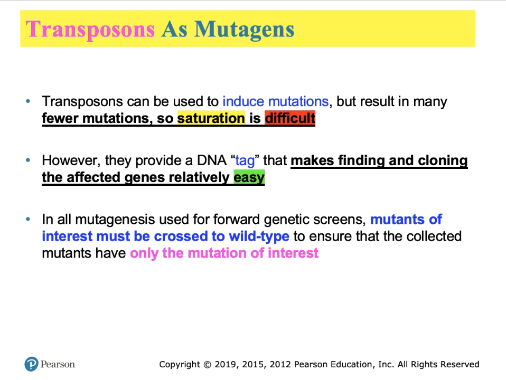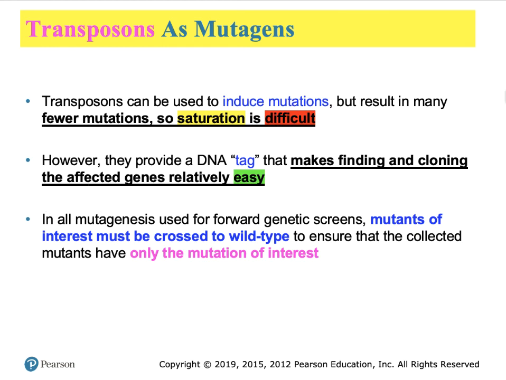As we'll see later in the chapter, transposons can be used to induce mutations, but because of their locations, they will generally result in fewer mutations. So saturation of mutations in the genome is difficult. However, one advantage of transposons is that they themselves are DNA, and that DNA can be uniquely identified and tagged so that it makes finding and cloning the neighboring genes relatively easy.